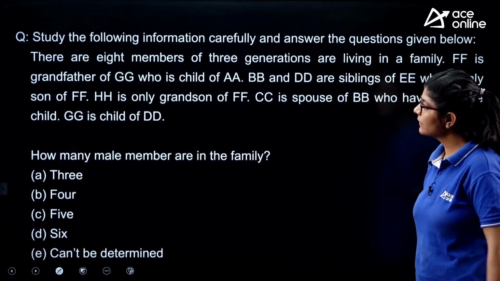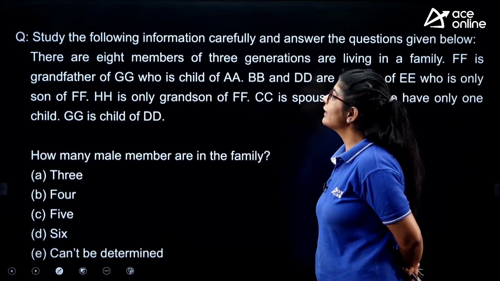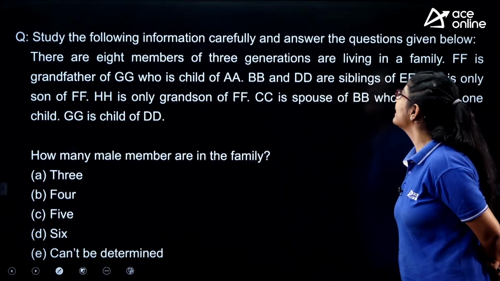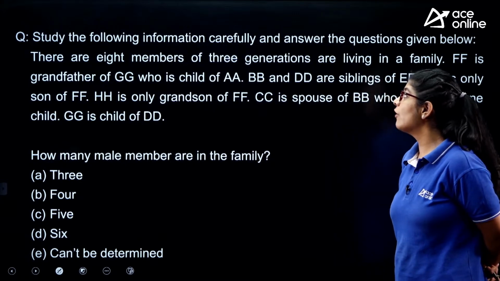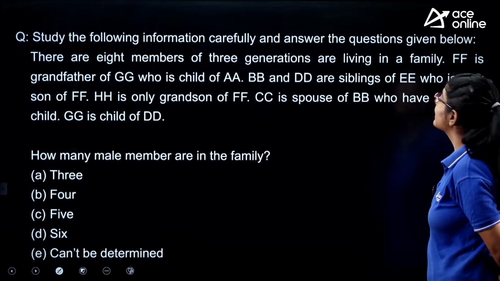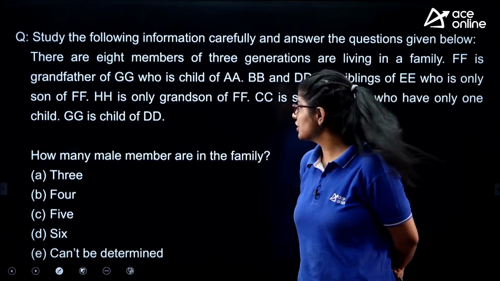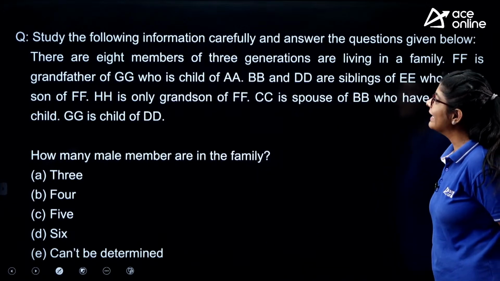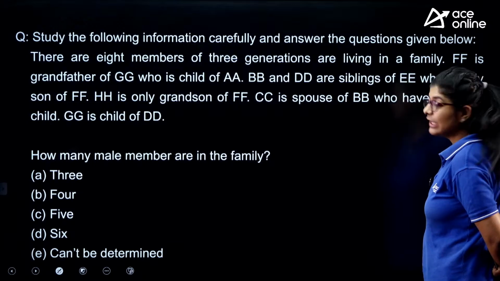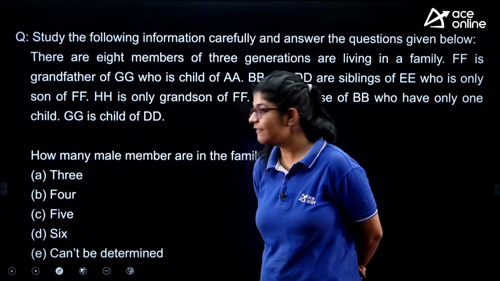Next. The next question says that study the following information carefully and answer the question given below. There are 8 members of 3 generations living in a family. FF is a grandfather of GG who is a child of AA. BB and DD are siblings of EE who is the only son of FF.